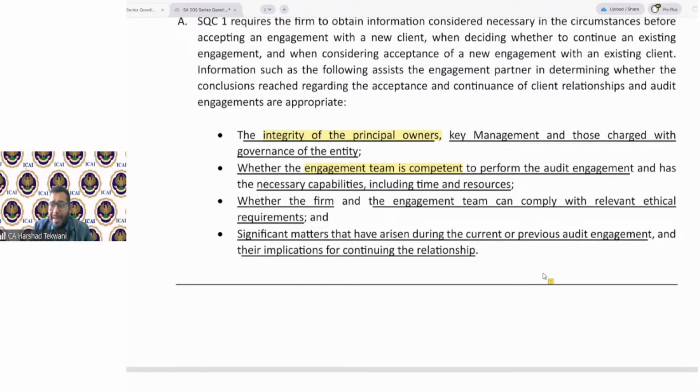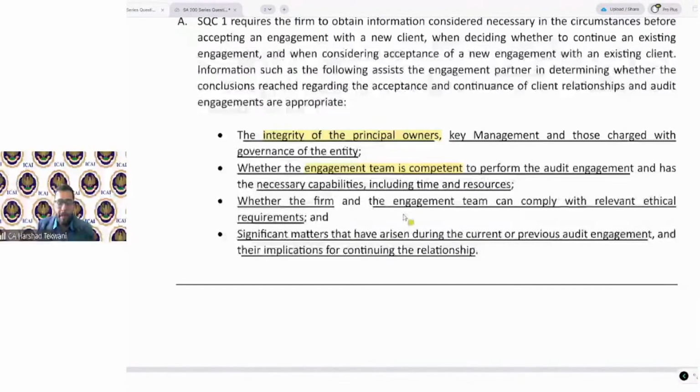At that particular point in time, it becomes very difficult to measure the inventory. There is an inventory, how much is there, because at each and every temperature level, with a change in even 1 degree, the inventory level will change. So in that case you might miss the necessary capabilities or skills required to deliver the audit. So to understand whether the engagement team is competent or not is very important.